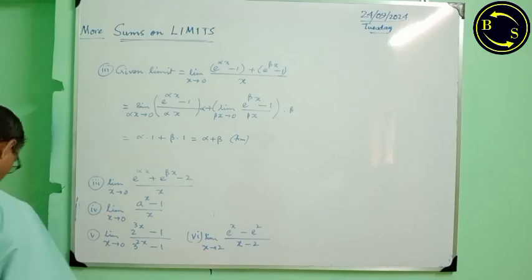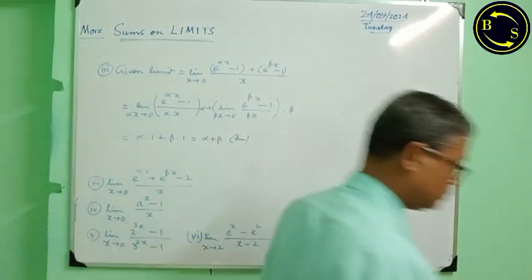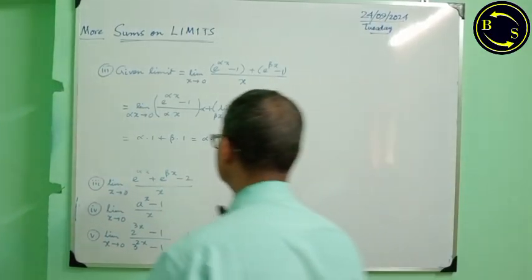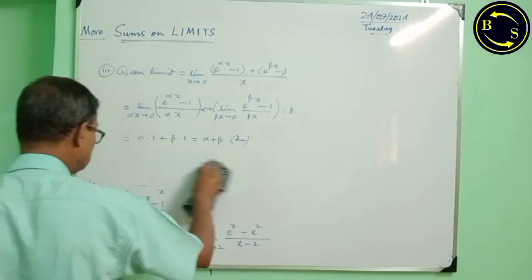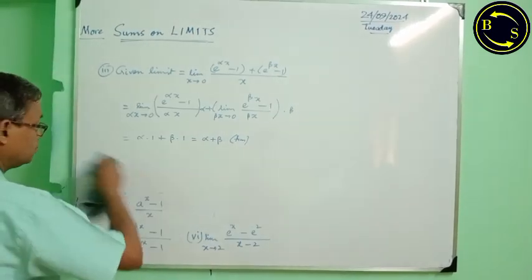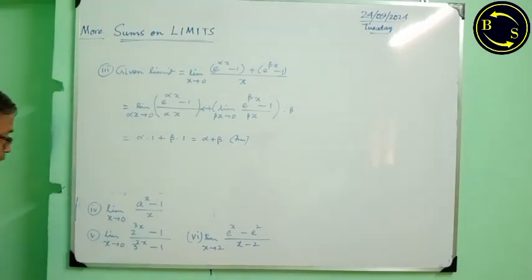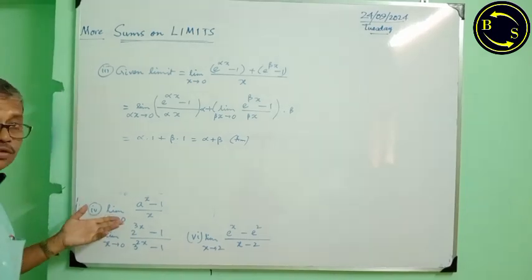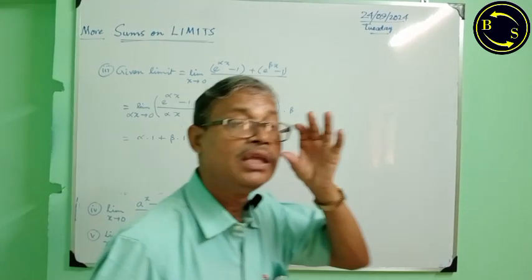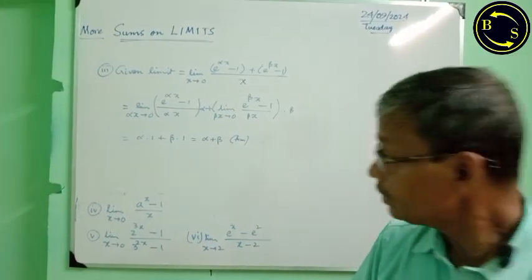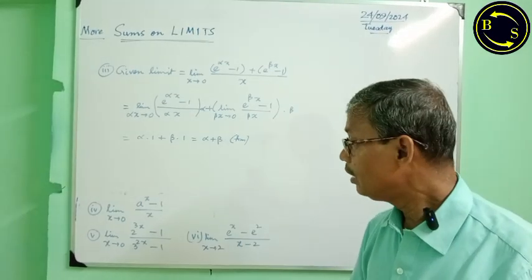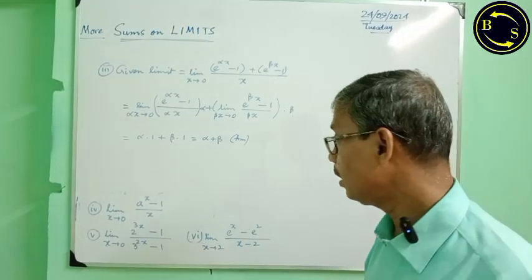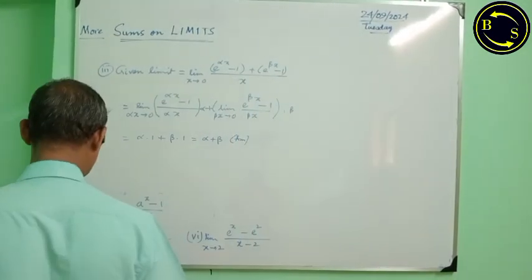Next, number 4. I rub this one. Actually, this is also taken to the standard limit, but let me deduce this one. How we get the result?